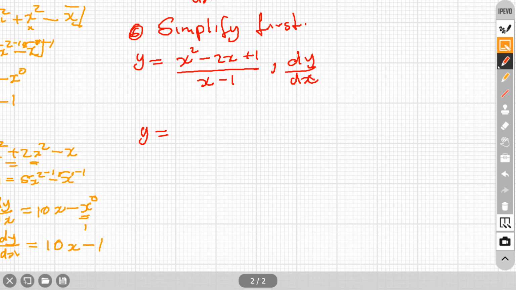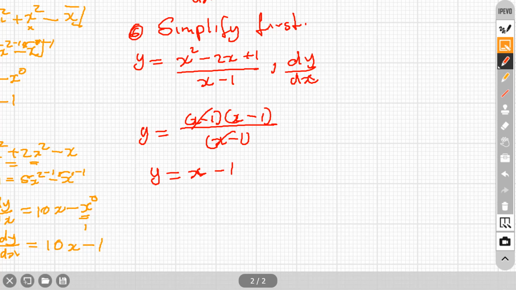On top, it's 2 brackets, then it's obviously a minus and a minus, then here it's x and x, then it's 1 and 1, then we have x minus 1. So this bracket will cancel this one, then we get y is equal to x minus 1.